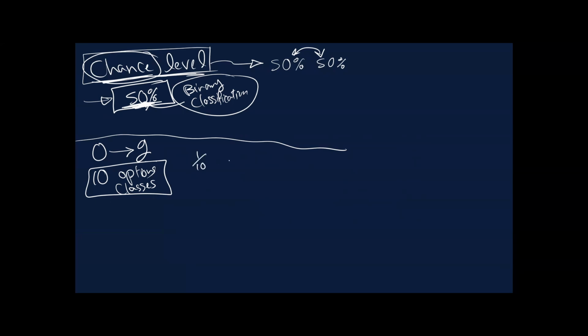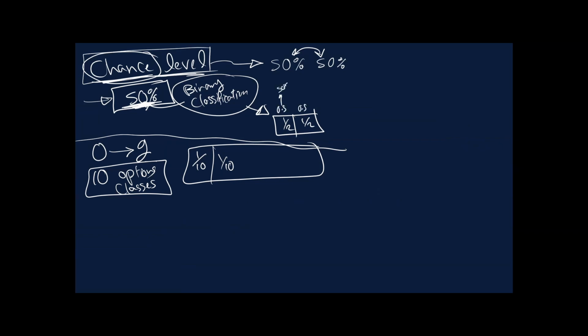So the probability of each one of them is 1 over 10, because the probability of each one of the classes in the binary classification was 1 over 2, the 0.5. That's why it was 50%.